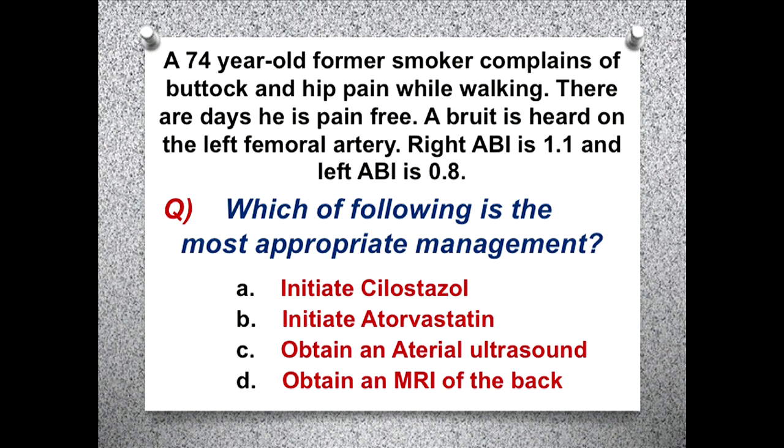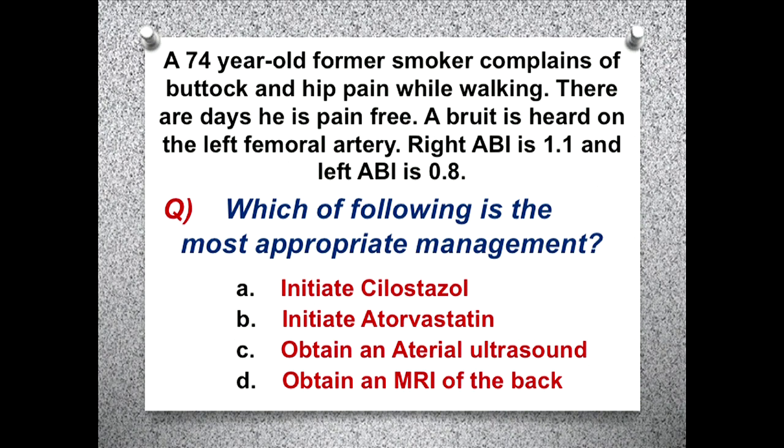With intermittent claudication from PAD, the patient will have pain every time he walks, and he can usually predict when the pain will start, after 2 blocks or after he goes to the mailbox. He won't have days where he is pain-free.